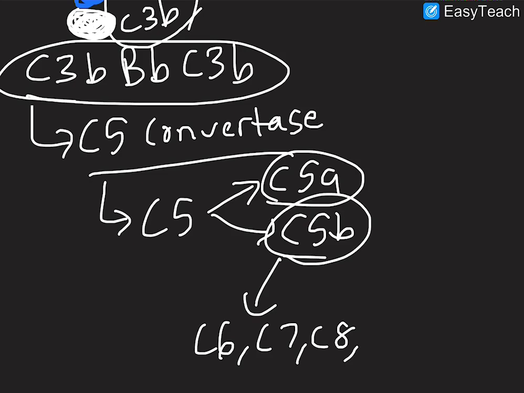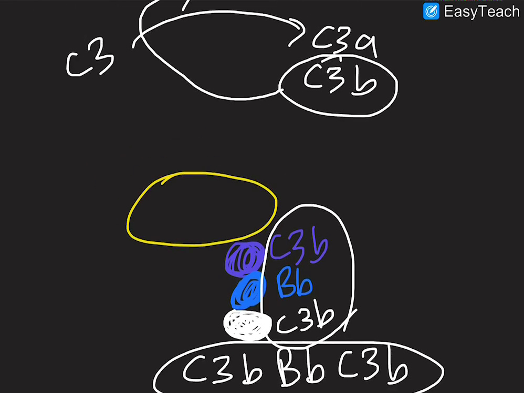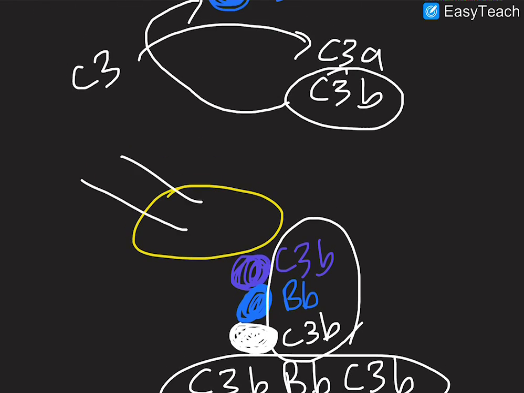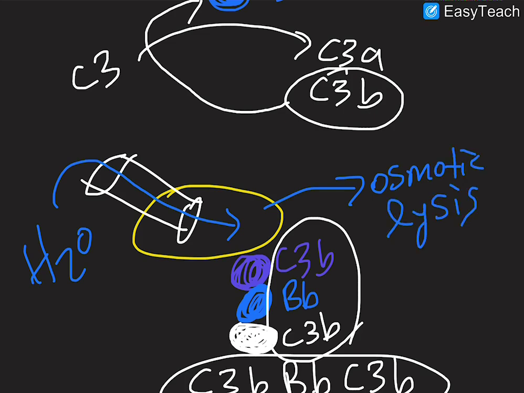C5b combined with C6, C7, C8, and C9 forms a membrane attack complex on the cell surface of the pathogen, which then leads to water influx, leading to osmotic lysis and death of the pathogen.